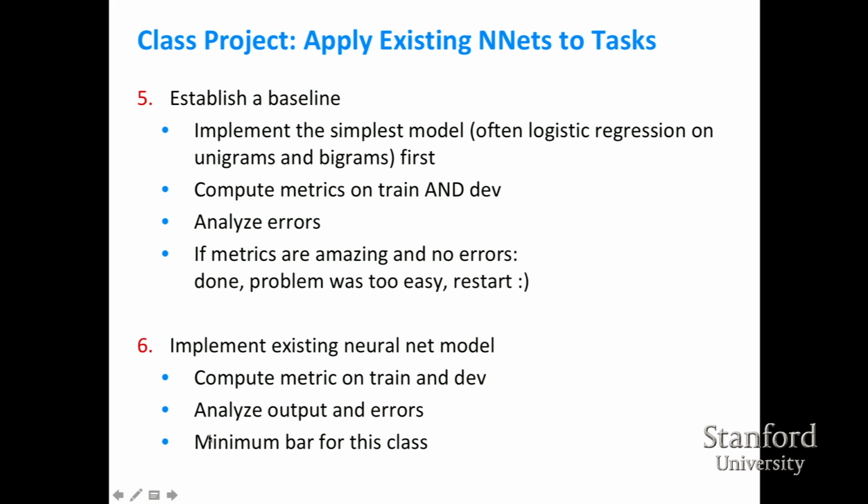Now, then it gets more interesting. You can now implement some existing neural network model that we taught you in class, for instance this window-based model, if your task is named entity recognition. You can compute your metric again on your train and dev set. Hopefully, you'll see some interesting patterns, such as usually training neural nets is quite easy in the sense that we lower the loss very well, and then we might not generalize as well on the development set.